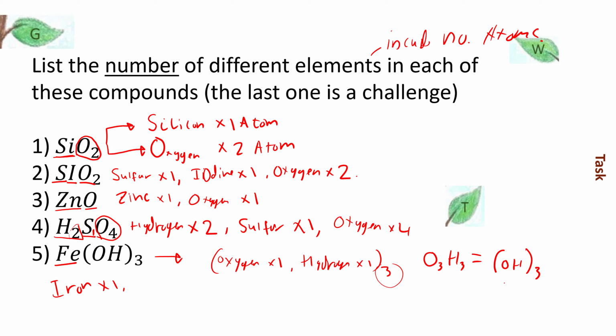OH3. Just to save on writing. It's less writing. And also it's easier for you to understand that there are 3 of these inside this bracket. So we have oxygen times 3, and we've got hydrogen times 3. So that's that done. So let's move on.